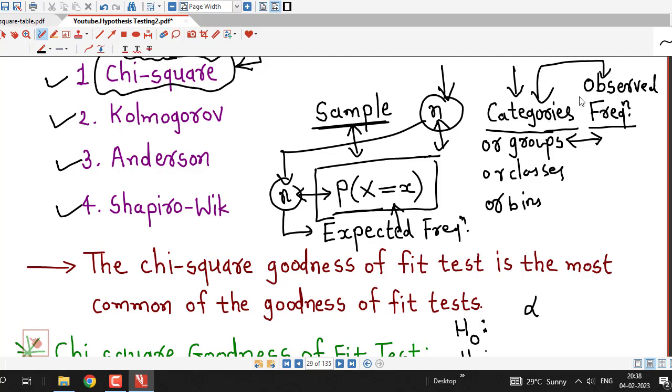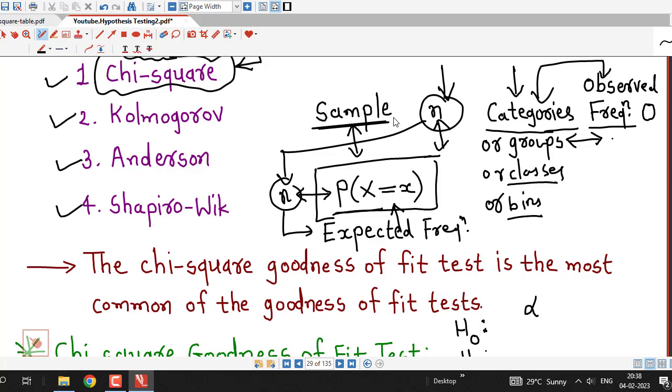If we have a continuous probability distribution, we will have class intervals or bins, and we will be given frequency for each category. All those frequencies are called observed frequencies because they come from the given sample of observations. Now we want to check whether our population follows a particular probability distribution or not.